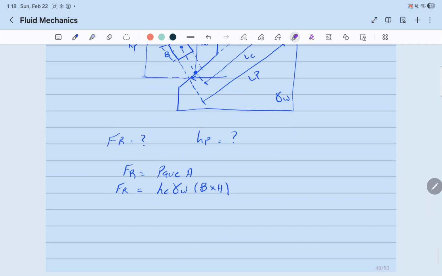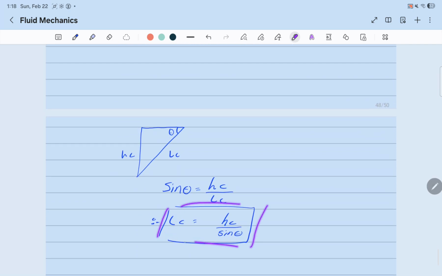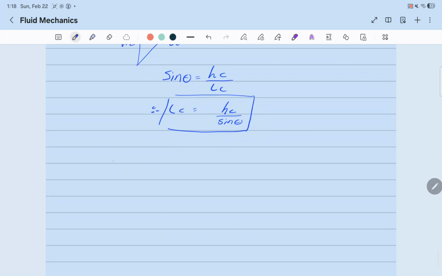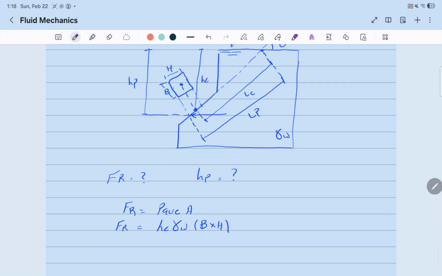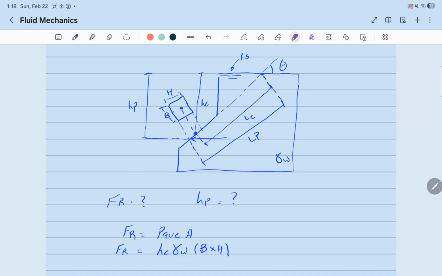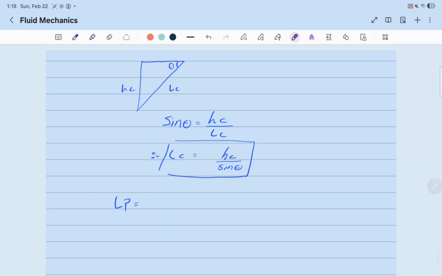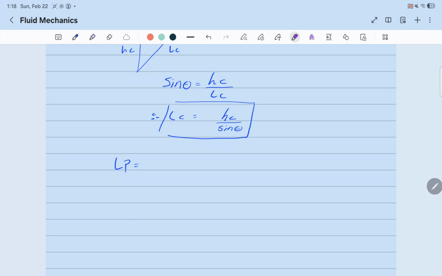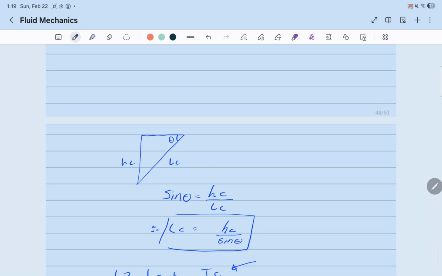To find where the resultant force is acting, first you need LC, because you need to find LP, the length from the surface all the way down to where the resultant force is acting, the center of pressure. LP is given by the equation LP equals LC plus IC over LC times A, where IC is the moment of inertia. The moment of inertia depends on the submerged surface.